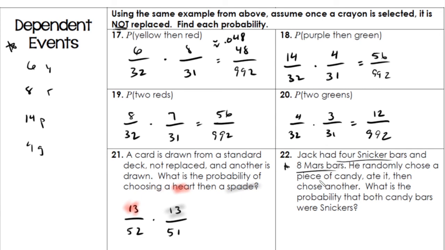He randomly chose a piece of candy, ate it, and then chose another. What's the probability that both of them were Snickers? Well, he was sitting pretty if he had 2 Snickers. So the probability of the first one being a Snickers is 4 out of 12, because he's got 12 candy bars in total. But then he didn't have 4 Snickers anymore, and now he only has 3 out of the 11 remaining candy bars.